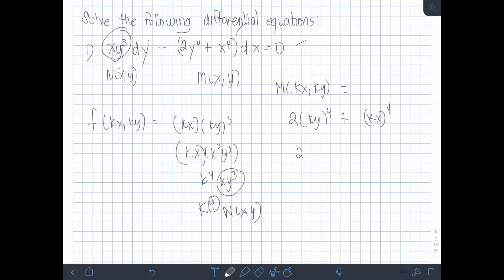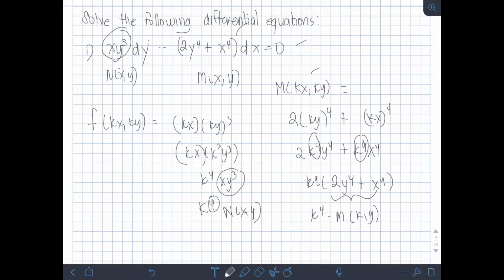So, magiging 2k to the fourth y to the fourth plus k to the fourth x to the fourth. So, pwede nating ma-factor tong k to the fourth. So, magiging 2y to the fourth plus x to the fourth. So, again, k to the fourth times, pwede nating i-write itong 2y to the fourth plus x to the fourth as yung original na M of x, y.